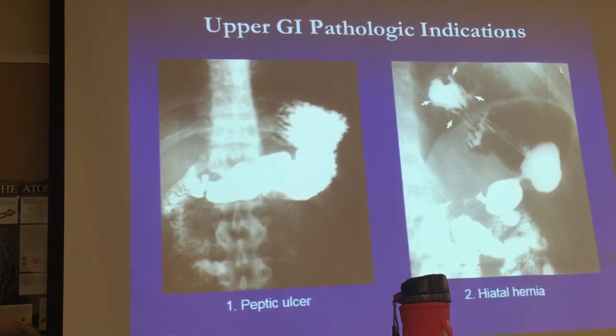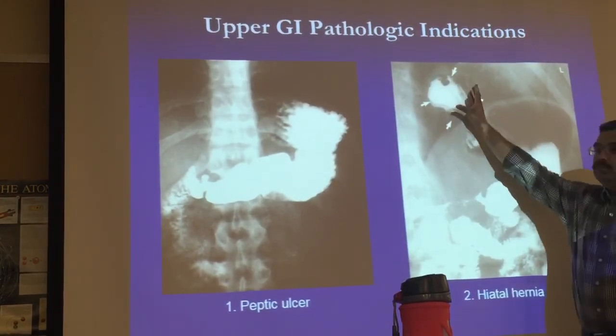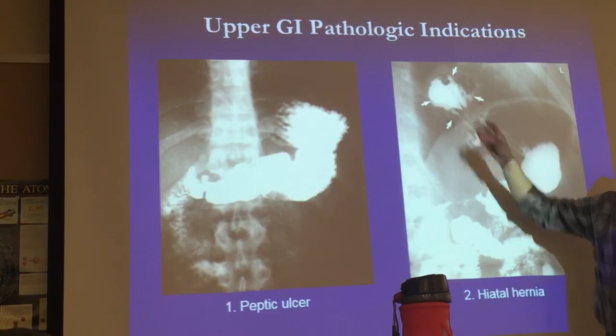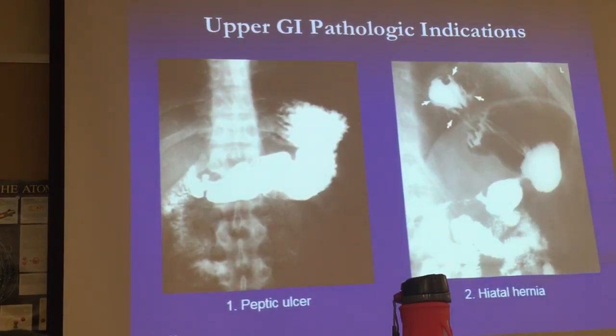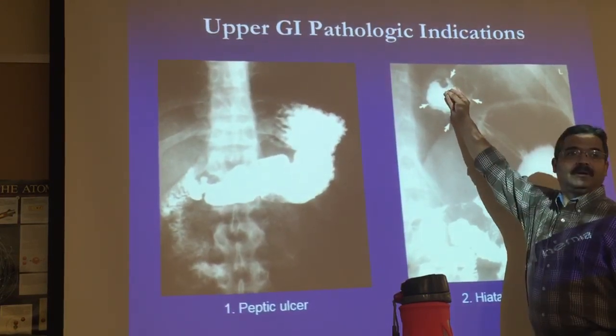Hiatal hernia, take a look. This is the stomach. Here's the diaphragm. Now, a portion of the stomach has gone up through the diaphragm. All right? So that opening in the diaphragm, for whatever reason, just a portion of the fundus went up.